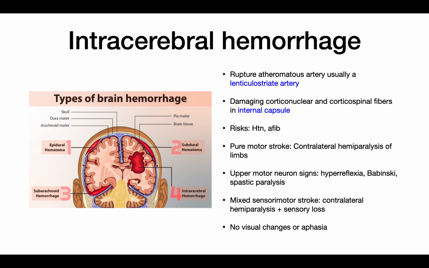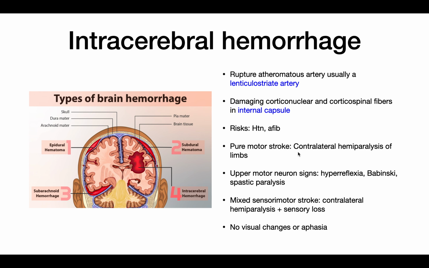Okay, so the intracranial hemorrhage is usually caused by a rupture of the lenticulostriate arteries, because they're very small and very fine and delicate. And usually those will damage the corticonuclear and the corticospinal fibers in the internal capsule. It can be caused by hypertension, atrial fibrillation, and that can result in a pure motor stroke.